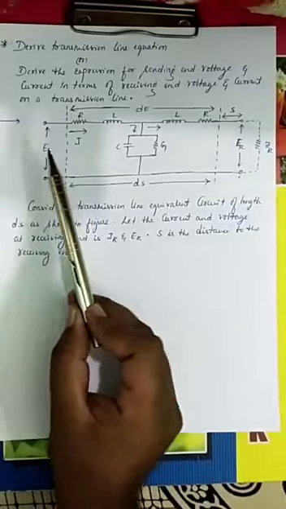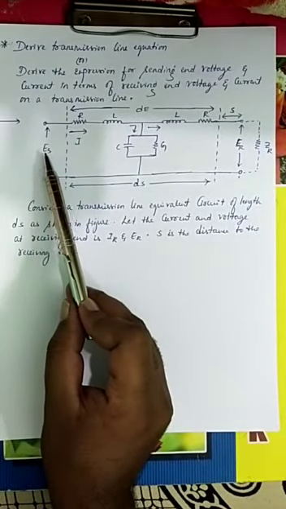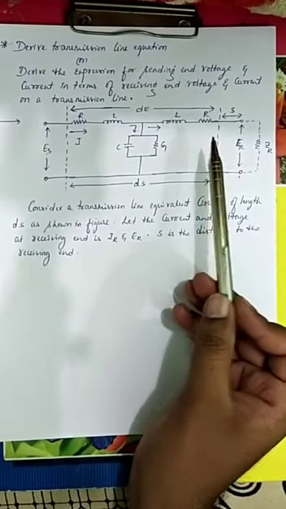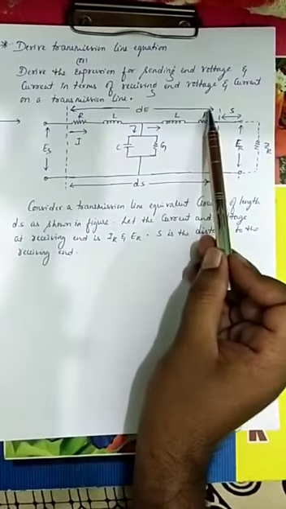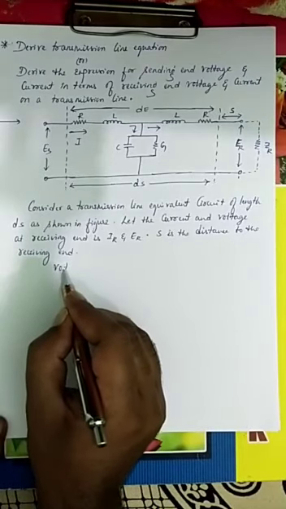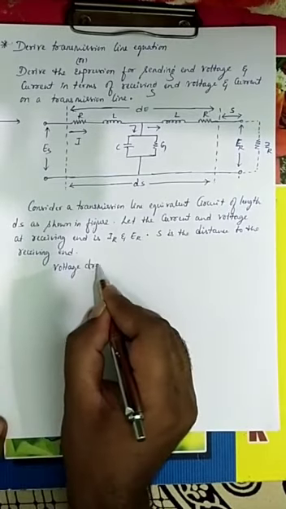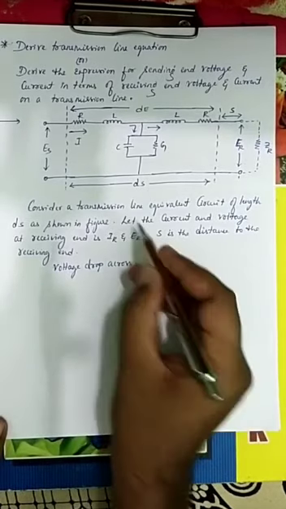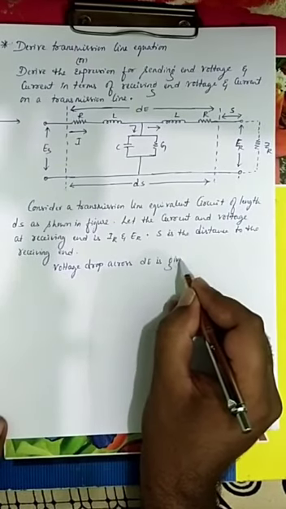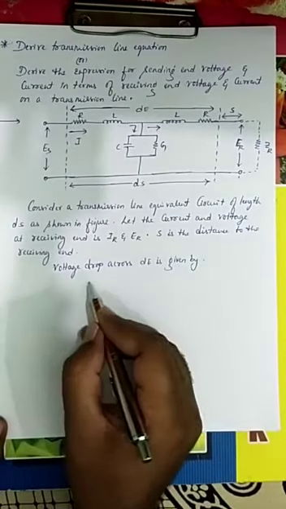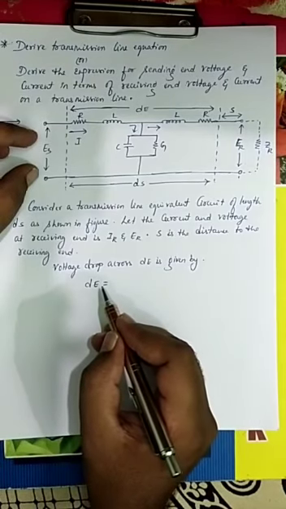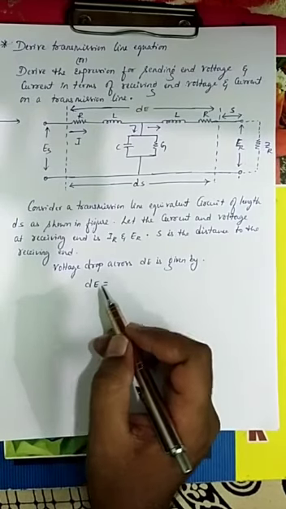If the voltage is applied at the input side, then the current flows from the input side to the output side, and as we know, there is a voltage drop dE across this cross section.